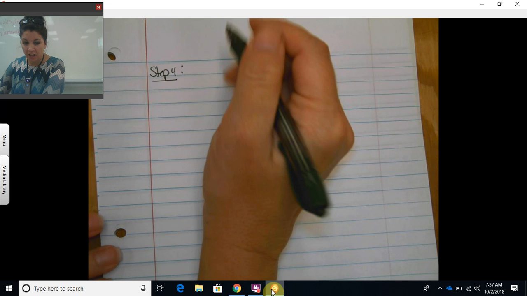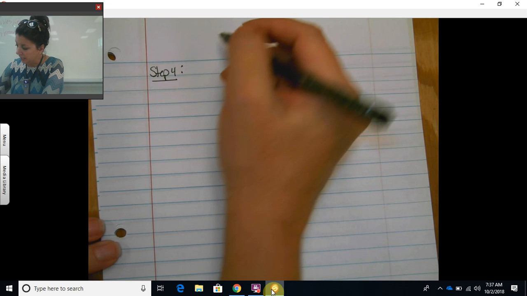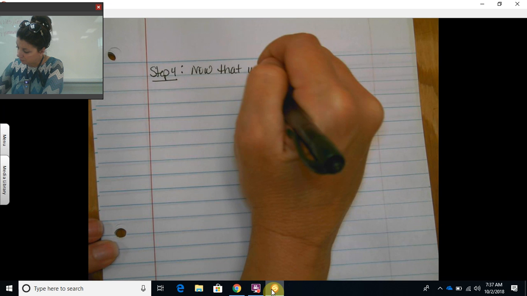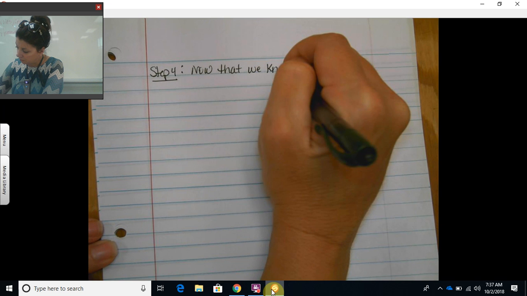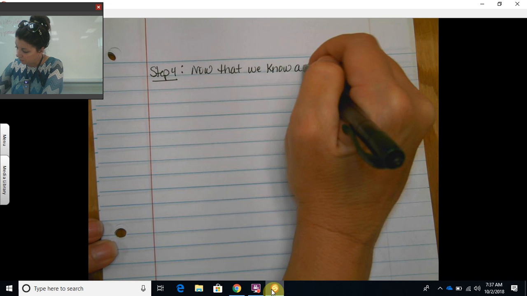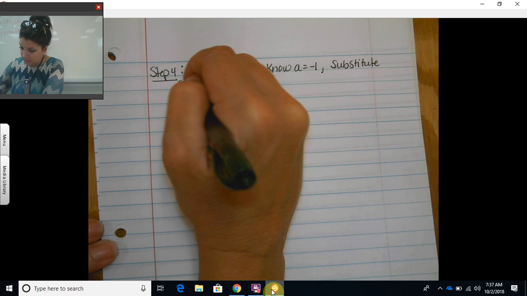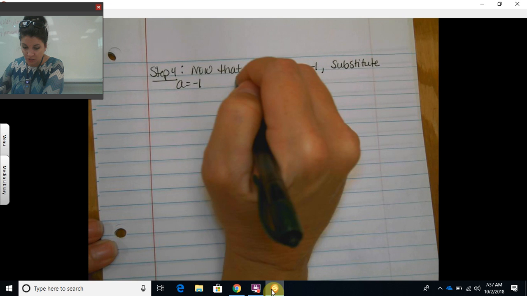Now that we know a equals negative 1, substitute a equals negative 1 into either equation d or e.